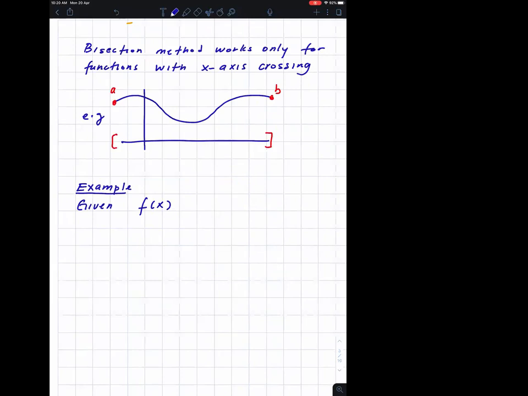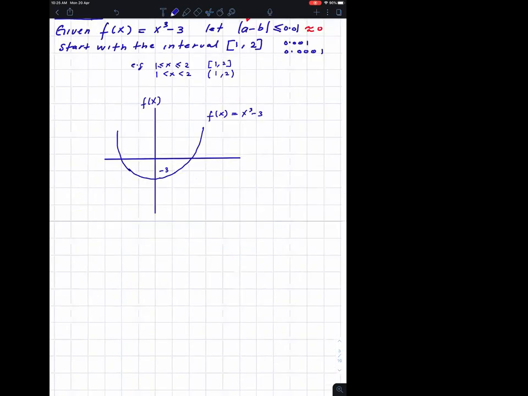Given f(x) equals x squared minus 3, let a minus b be less than 0.01. Okay, minus 3.